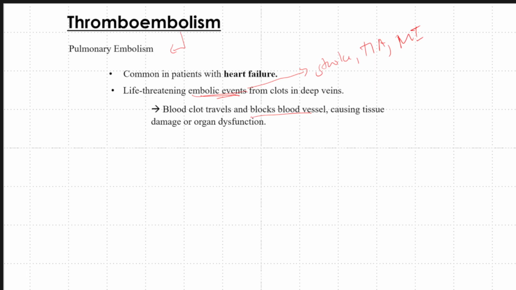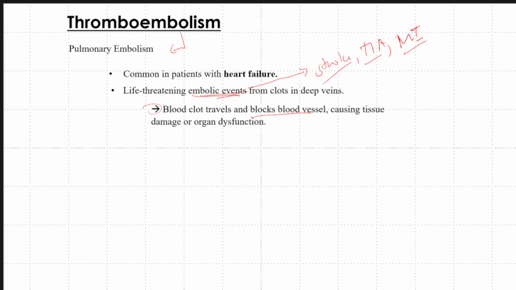Okay, kaya sinali ko na to. Okay, but again, thromboembolic events are not limited to pulmonary embolism. They can be again stroke, TIA, MI as long as it fits with the description wherein the blood clot travels and blocks the blood vessels causing tissue damage or organ dysfunction, then that is a thromboembolic event.